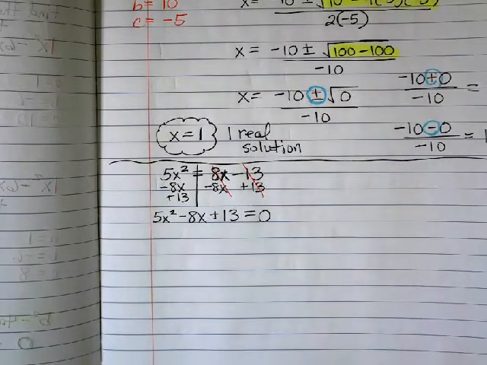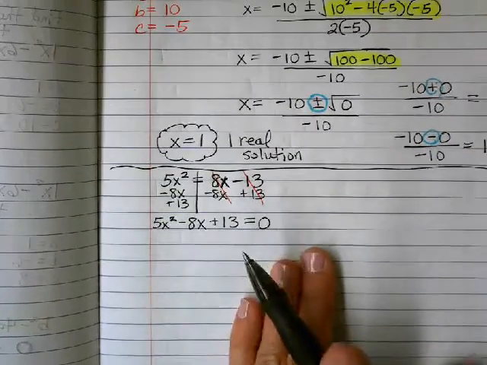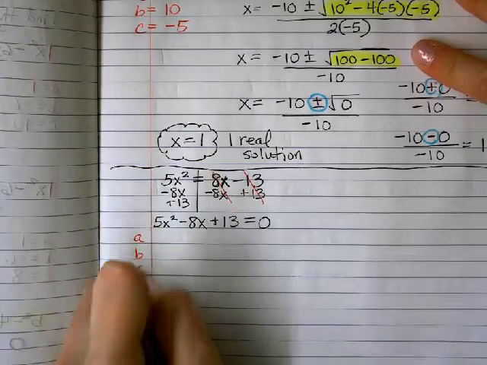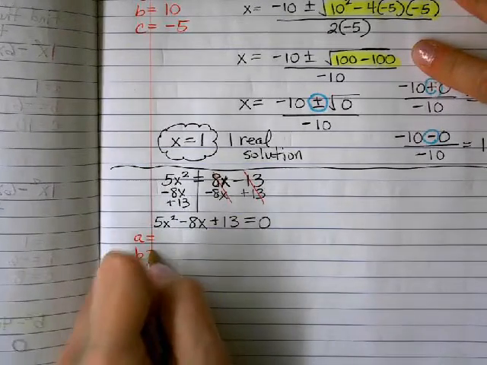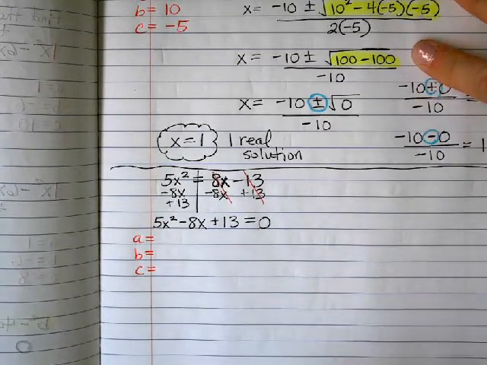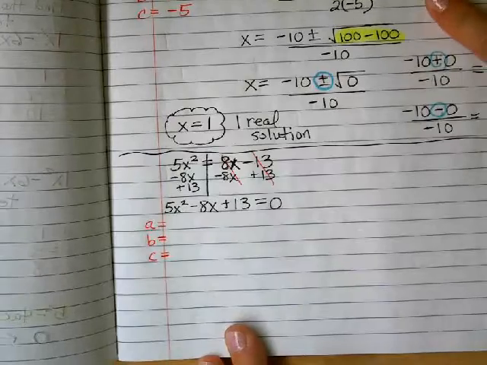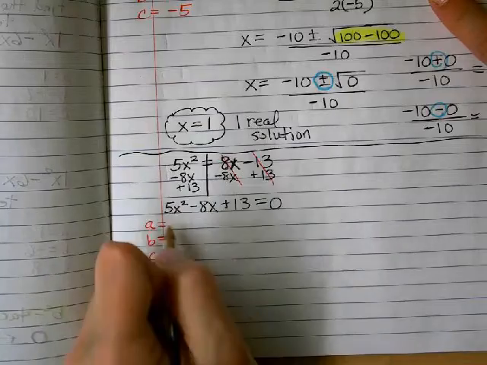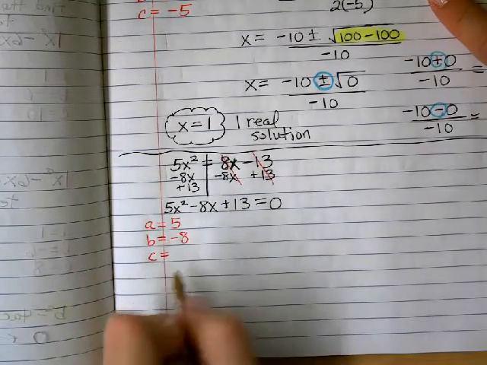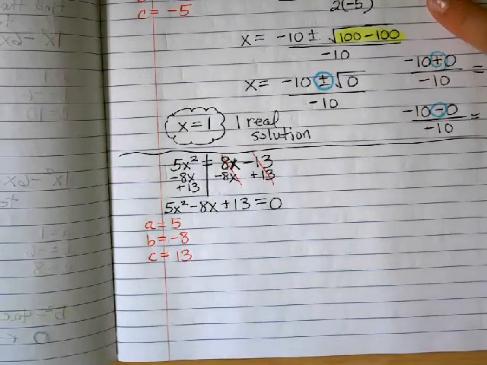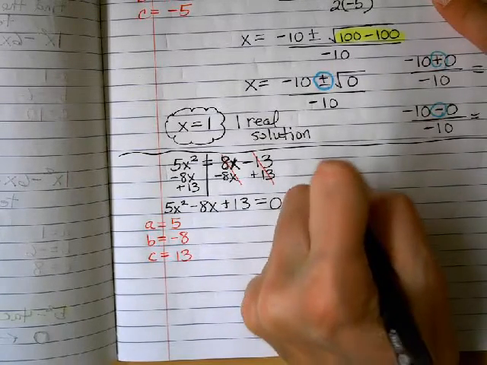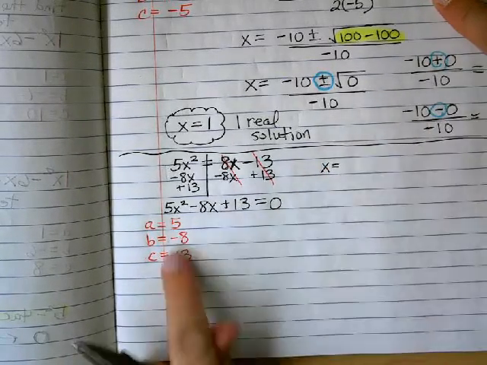Okay, so what does a equal? 5. What's b? Negative 8. What's c? 13. Okay, so now I write my formula. So quadratic formula, x equals, the formula says negative b, or think like opposite of b.